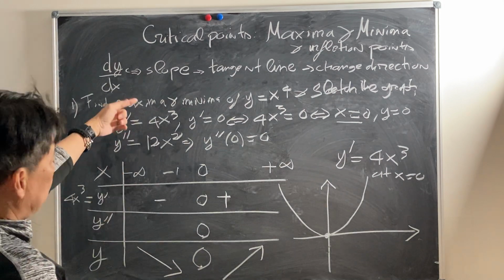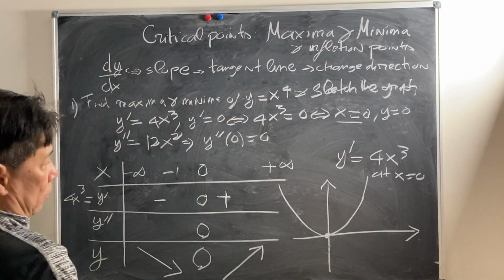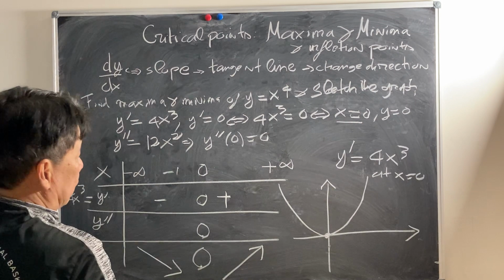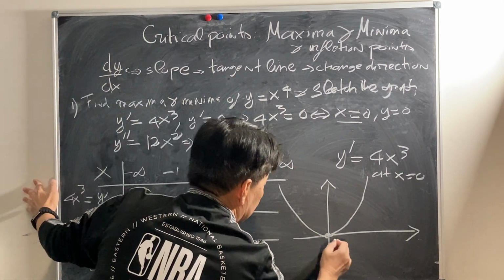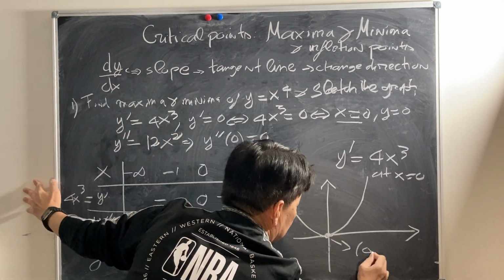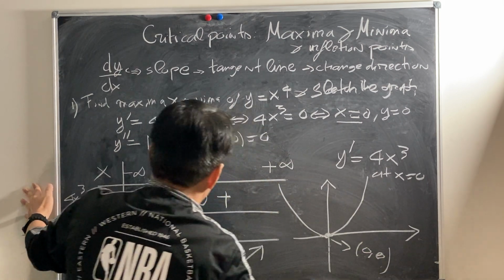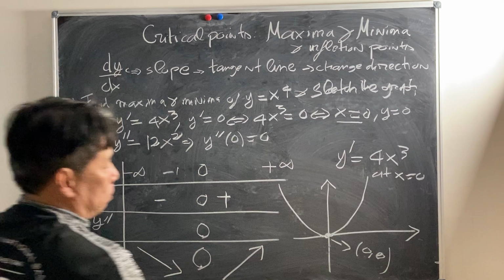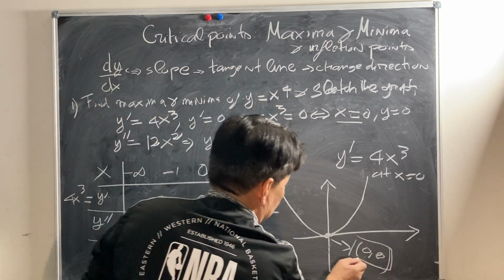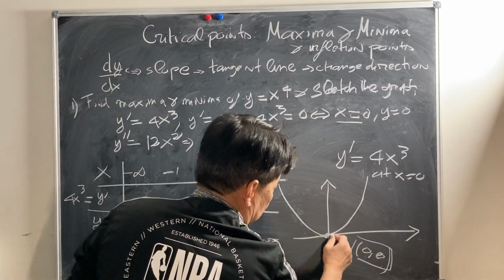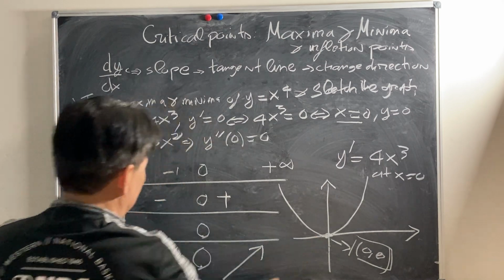Okay. So we finished the first one. The minimum: this point right here, 0, 0. x equal 0, y equal 0 will be the minimum point. Okay. And this point is also an inflection point.